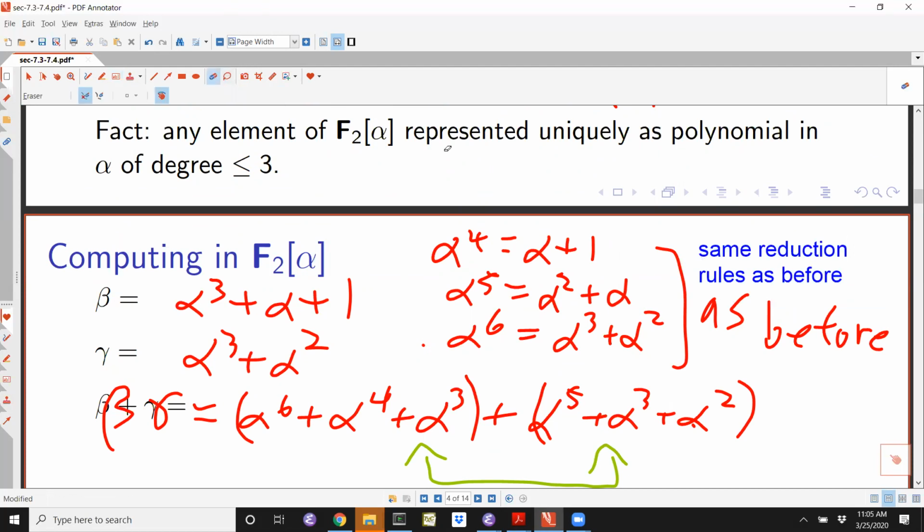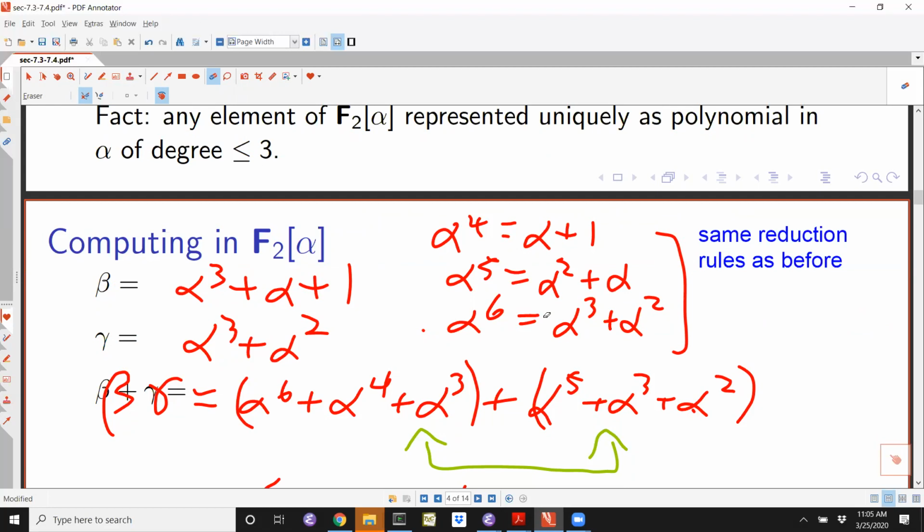I repeated that on the side so I could look up and remember what the rules are for computing in this ring. The modulus of your ring defines your reduction rules, but it's convenient to have them right there. Fan, does that make sense?